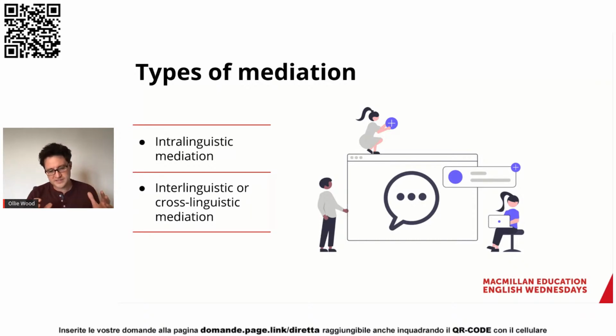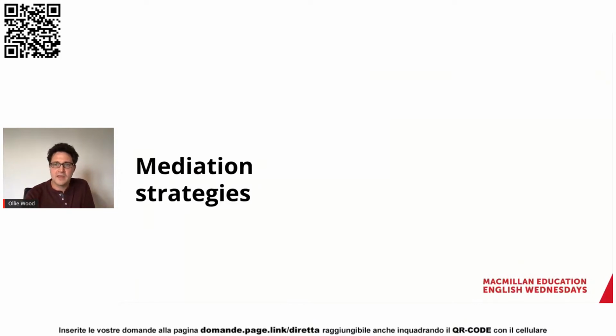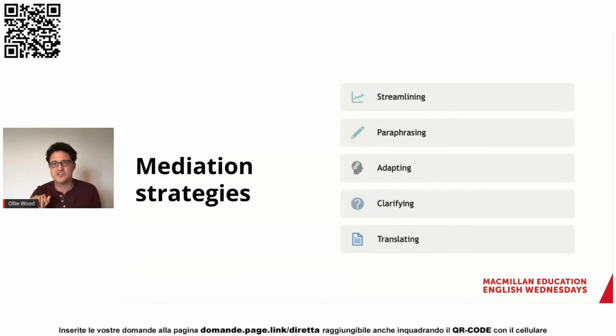So now we know what mediation is, and we know the types of mediation that exist. Let's think about the strategies that are needed to mediate effectively. And perhaps more importantly for our students, what kind of things they are asked to do in a mediation activity. So there are 5 principal mediation strategies. The first is streamlining.